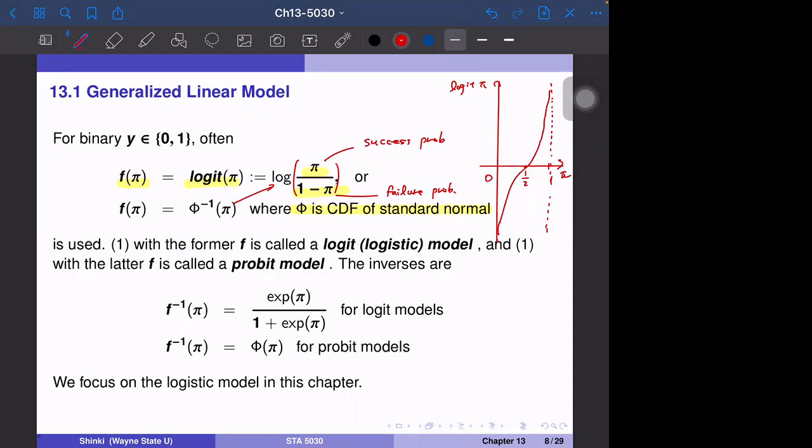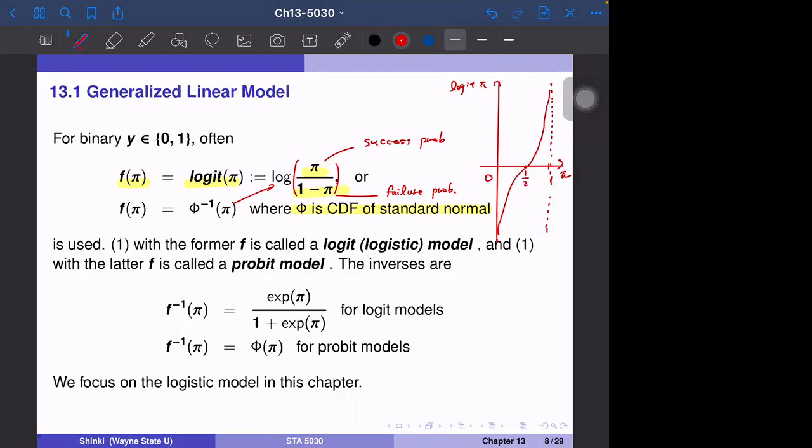There are some models which deal with multivariate binary responses. For example, we have two outcomes: one is whether the patient dies or does not die, and the other is whether the tumor is malignant or benign. So we have two variables. In such a case, the probit model is more convenient because we can extend the concept to the multivariate normal distribution.